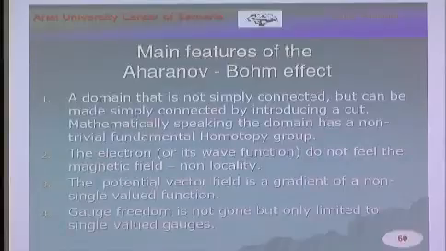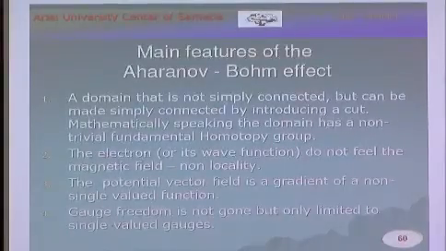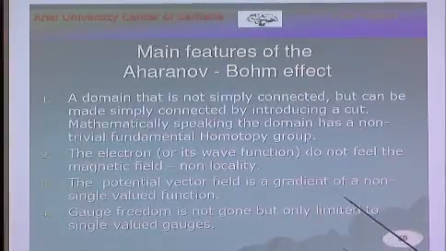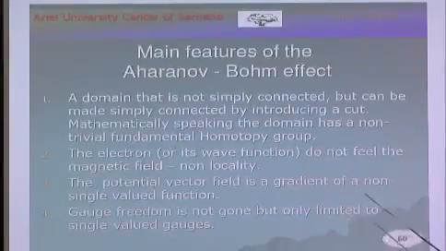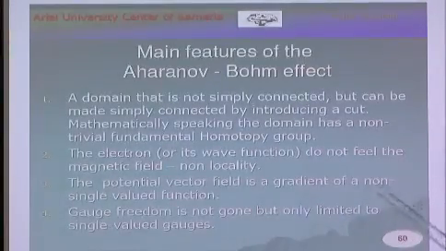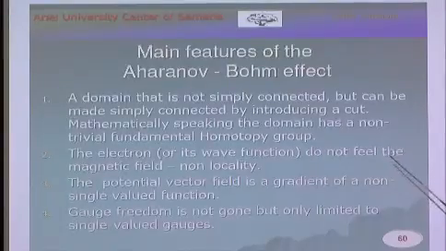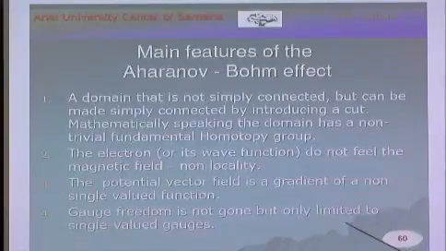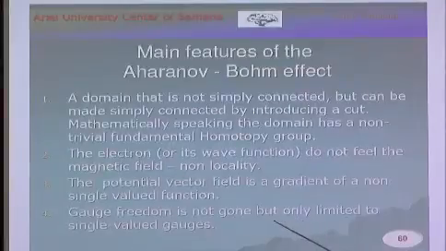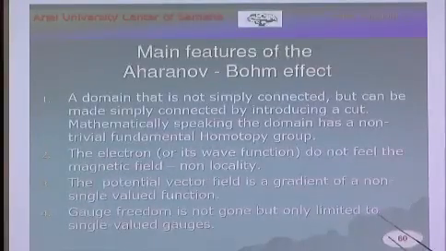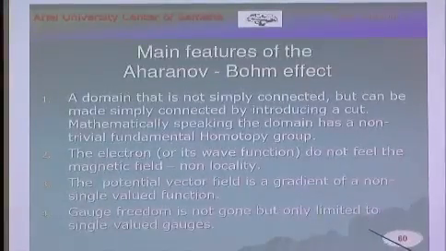Now, what are the main features of the Aharonov-Bohm effect? We have a domain that is not simply connected, but can be made simply connected by introducing a cut. So mathematically speaking, the domain has a non-trivial fundamental homotopy group.